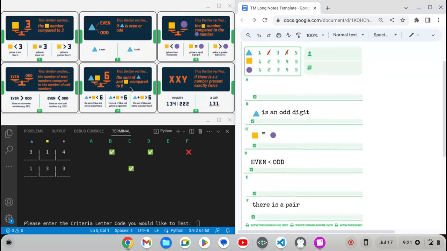Let's go ahead and test criteria card A. Okay, so no, square is not 3. So that means that, for criteria card A, we'll say that square is either 1 or 5.